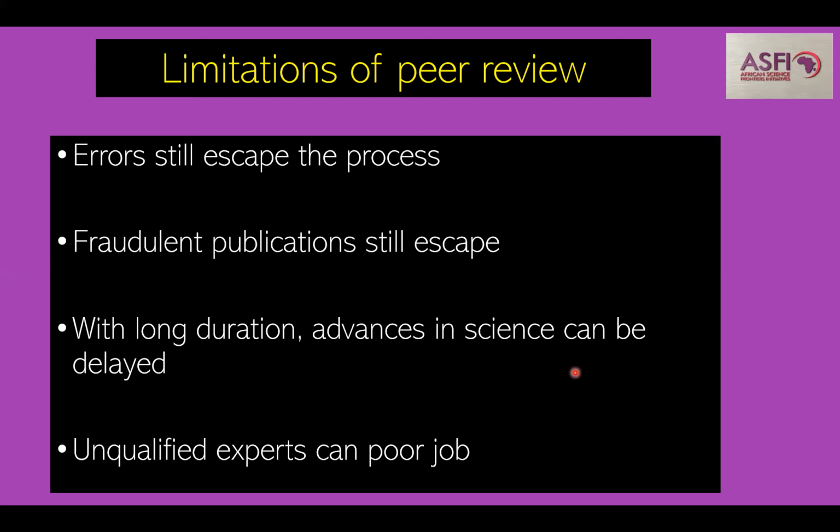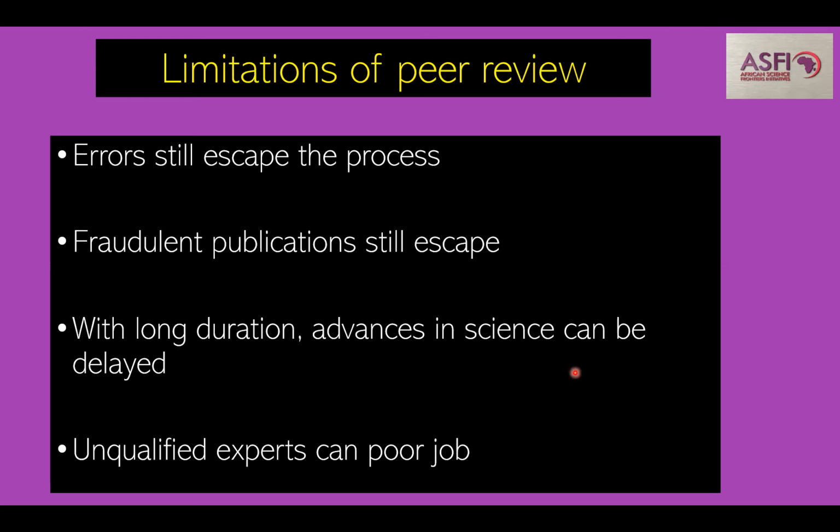The problem is that these publications go through the peer review process and were not detected. So although the peer review process aims to enhance the quality of work, it does not always achieve that, because we end up meeting several frauds and errors that are there.